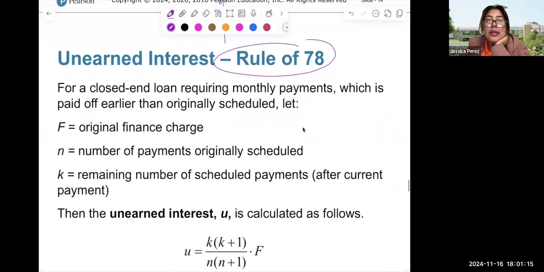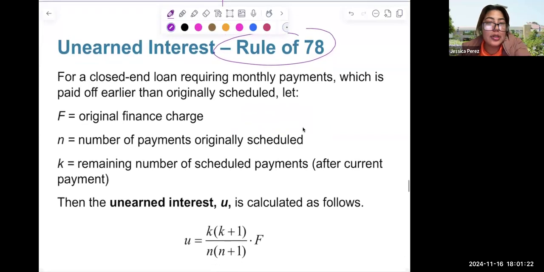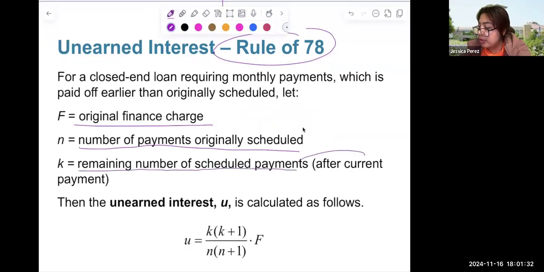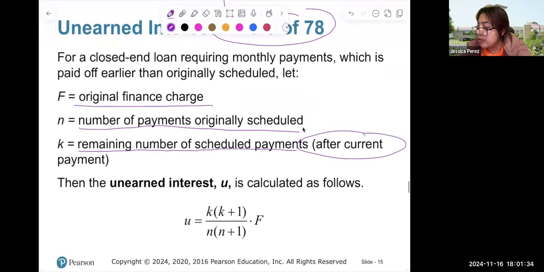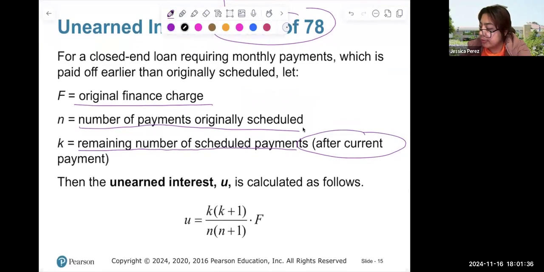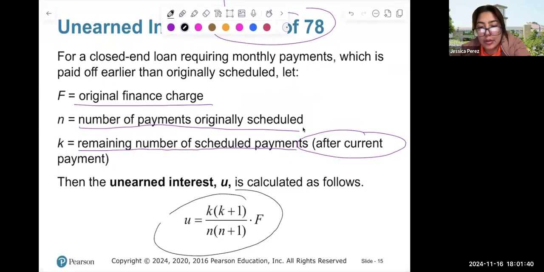For a closed-end loan requiring monthly payments which is paid off earlier than scheduled, let F be the original finance charge, N the number of monthly payments originally scheduled, and K the remaining number of scheduled payments after the current payment. Now U is calculated in a different way. U is going to be K times K plus 1 over N times N plus 1, times F, where F is the original finance charge.